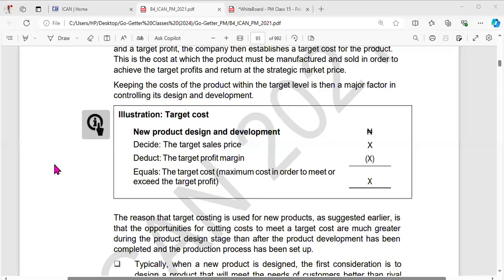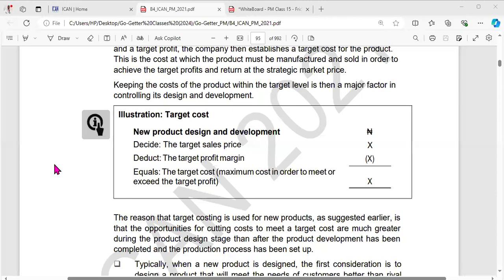For example, if you are trying to create a new product, let's say a power bank, and it's already in the market, and they are selling it for 20,000 naira, you can't go and be selling your own at 25,000 or 22,000, right? Because maybe it's a popular brand that is already in the market. People are going to be patronizing that and leaving yours. So you determine the target sales price. You might be selling at the same price, or you may sell a little bit lower.